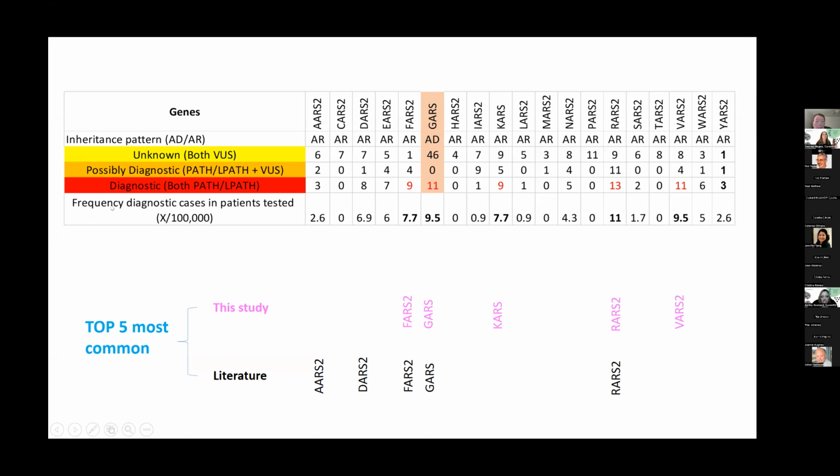So here, let's count the diagnostic ones only. For the diagnostic ones in this study, the top 5 by diagnostic yield are FARS2, GARS2, CARS2, RARS2, and VARS2. But the literature I just showed a minute ago had AARS2, DARS2, FARS2, GARS2, and RARS2.